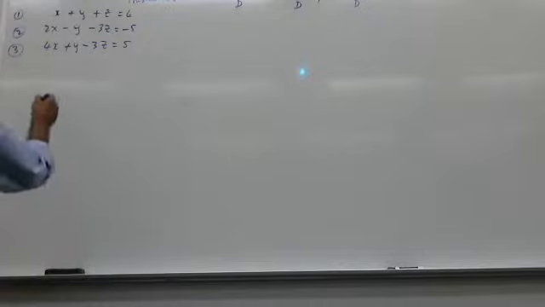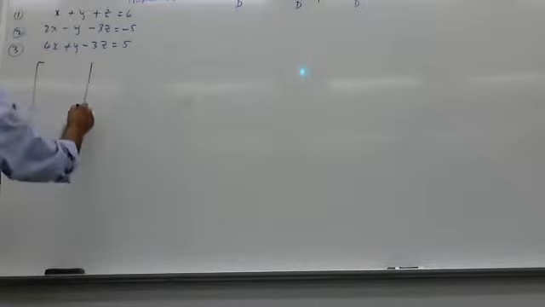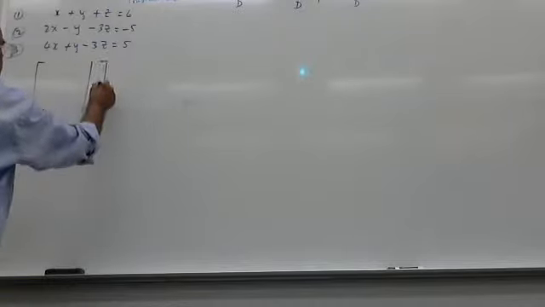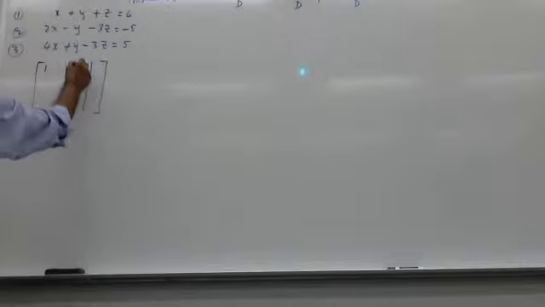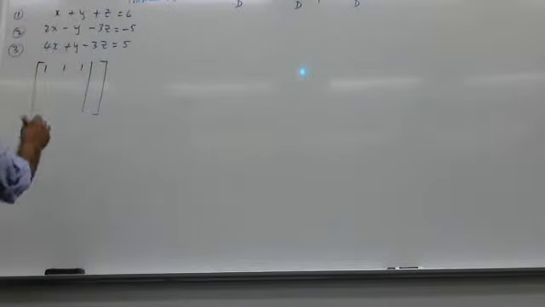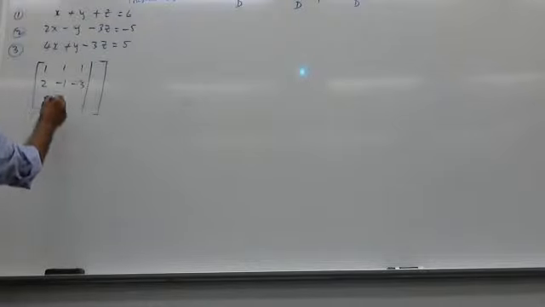Now, if I extract my coefficients and place them in here, and I put the constant term to the right, I'll get 1, 1, and 1, because the coefficient for all those variables are 1. Then I have a 2 for x, negative 1 for y, and negative 3 for z.